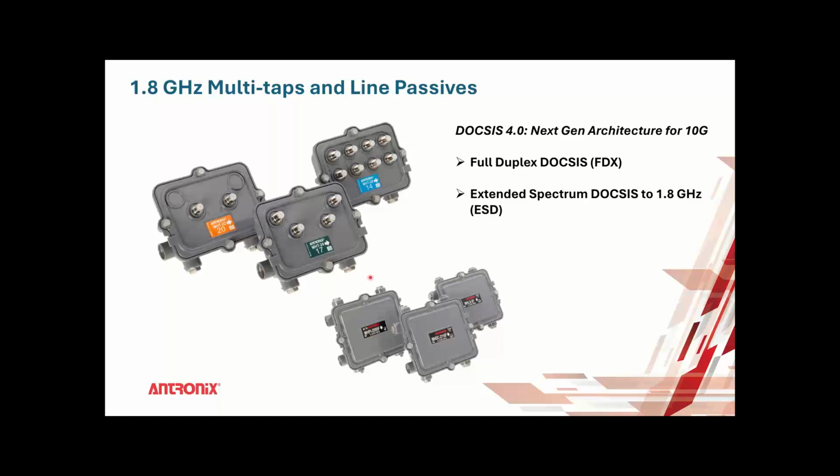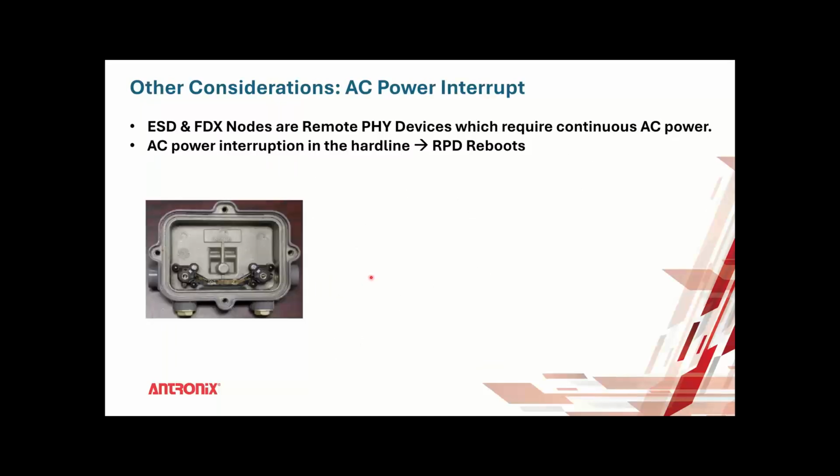There are some other considerations too when you are using extended spectrum and FDX. The nodes for DOCSIS 4.0 are remote PHY devices, and they're like little mini computers, which require continuous AC power in those amplifiers.